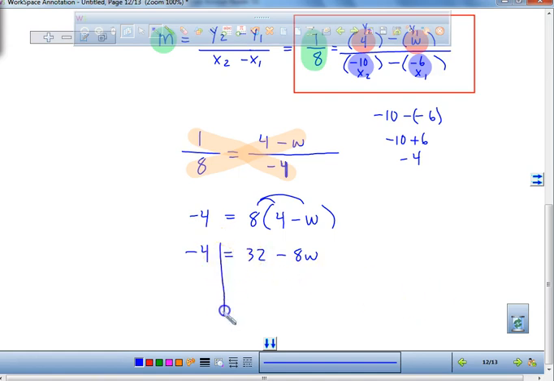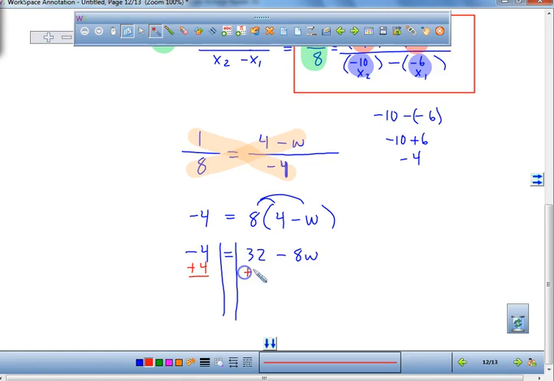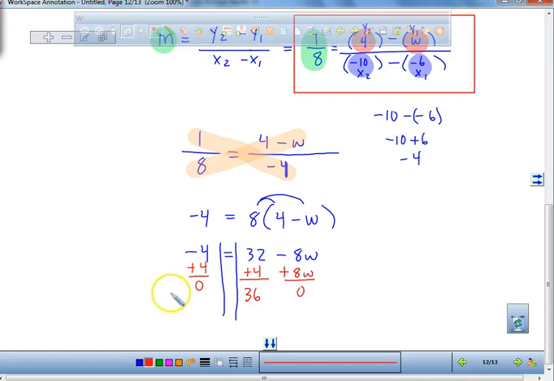And now all we have to do is solve for W. To solve for W, well, you could add 4 if you wanted to. Go ahead, we'll add 4. I add 4 to this side, and I have to add 4 to this side, and you get a total of 36 and 0. But then I have to do what on both sides? I've got to add 8W on this side, and add 8W on this side.